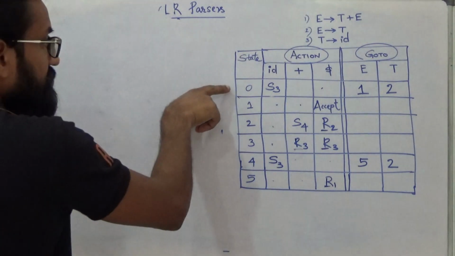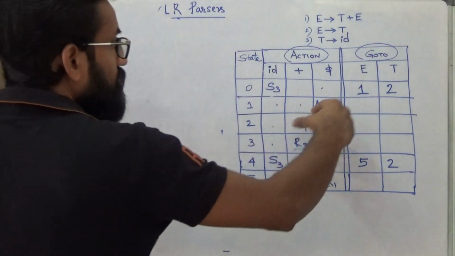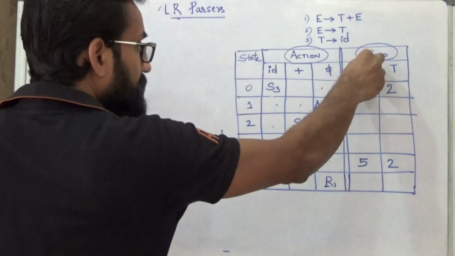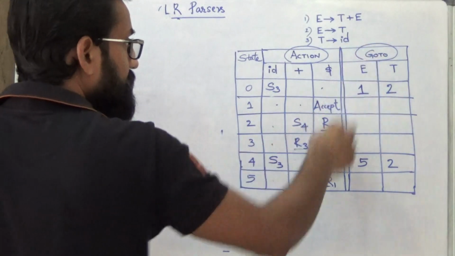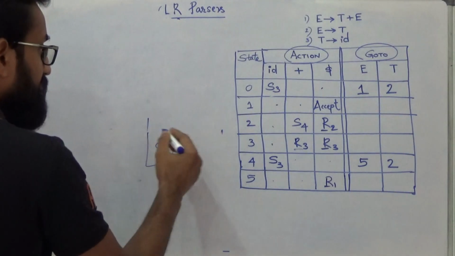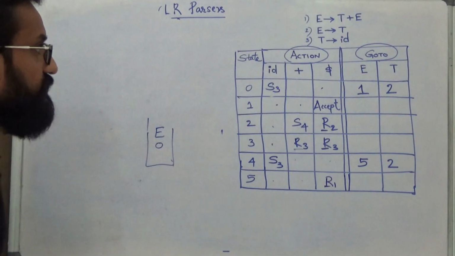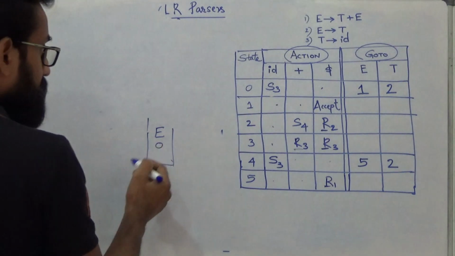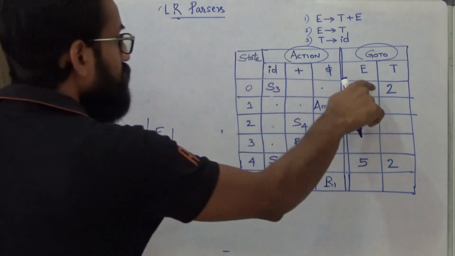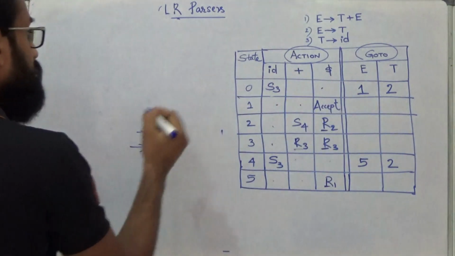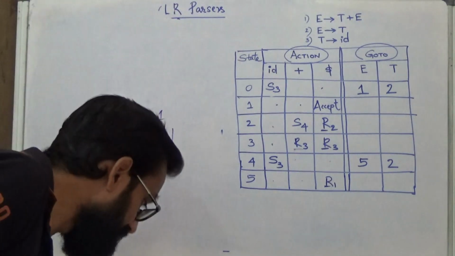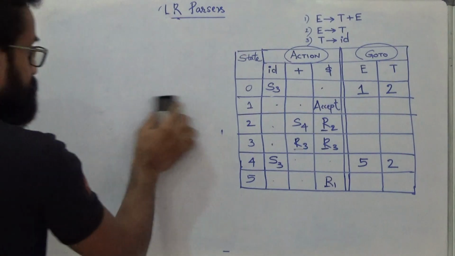If the current state is 0 and immediately after that state the element in the stack is E, so assume that 0 is there in the stack and after reduction we have pushed E into the stack, then it will perform the goto operation. Goto[0, E] is 1. So that 1 will be pushed into the stack. I will try to make it clear by considering a simple example.